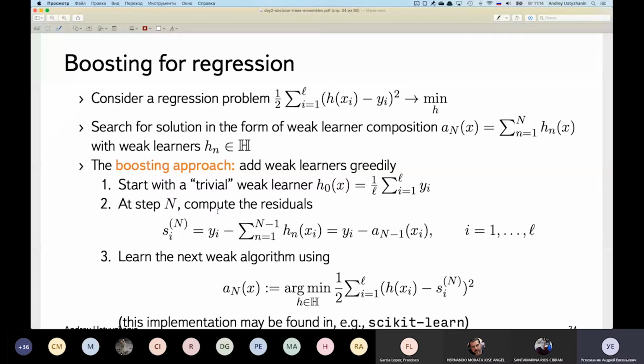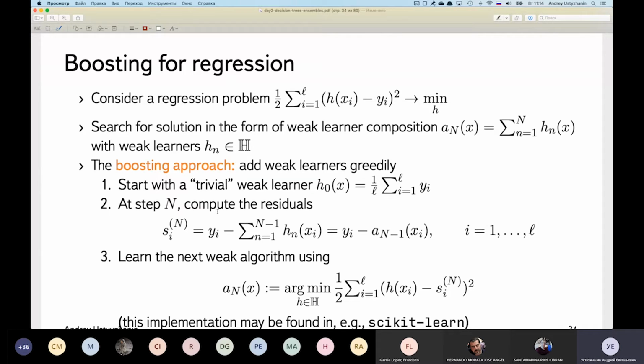Otherwise, we'll look at this regression part.